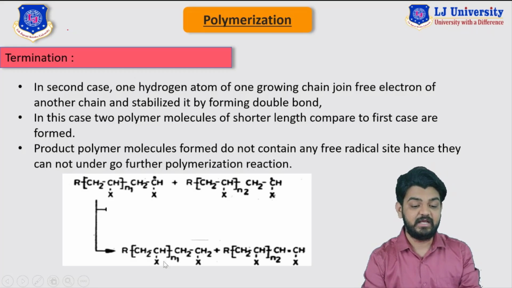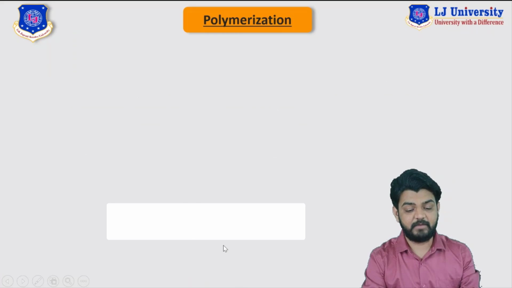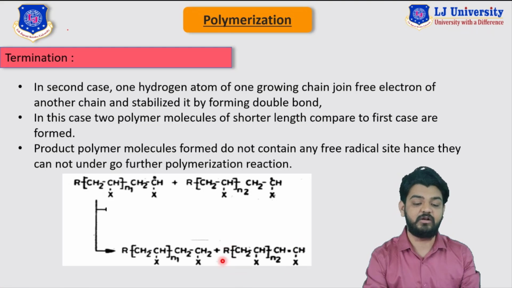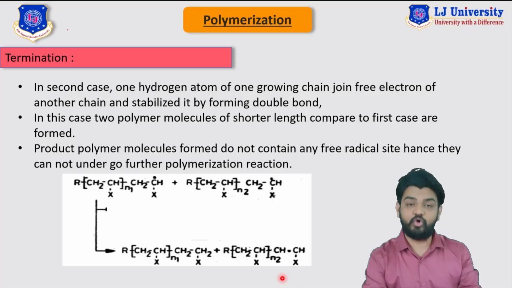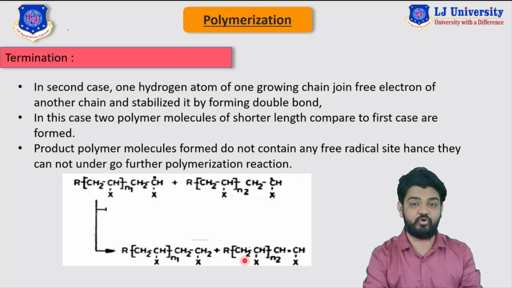This particular compound does not have any free electron or free radical, and this compound also does not contain any free radical. So even if some monomer comes in contact with this element, it will not undergo polymerization because it does not have any free electron to make a bond with another monomer.